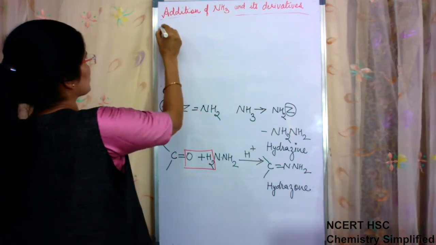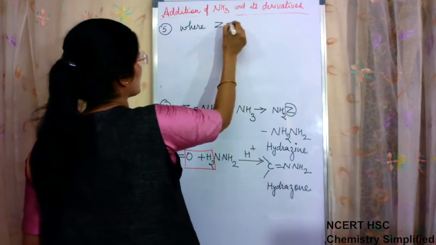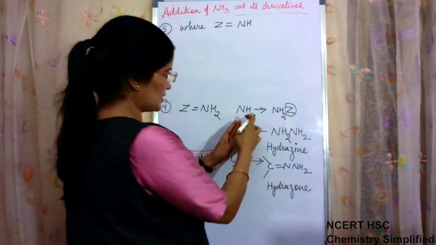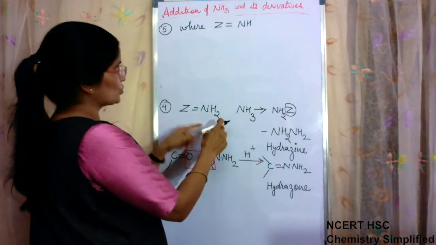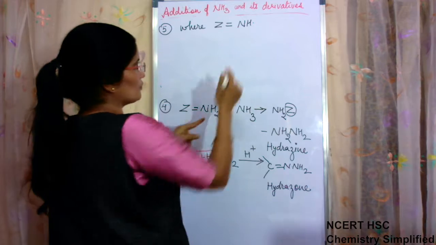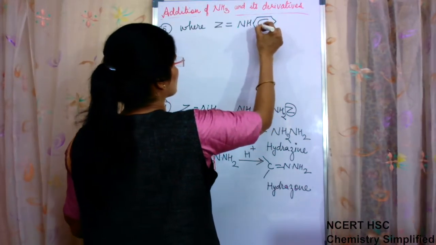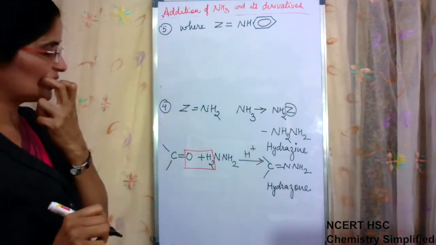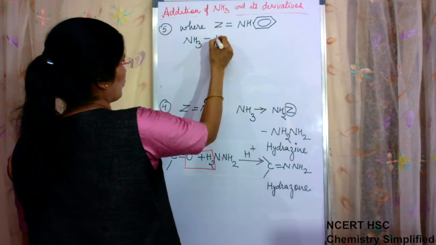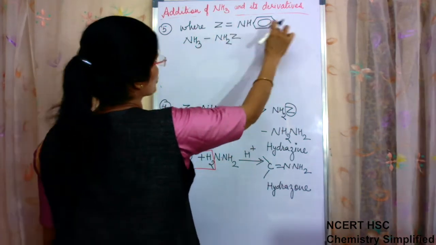Next reaction where Z is equal to NH. See, here in this case Z was NH2. Now your Z is NH and one H of this is substituted by a benzene ring. That means what? We had written ammonia in the form NH2Z, where this Z is actually this group.